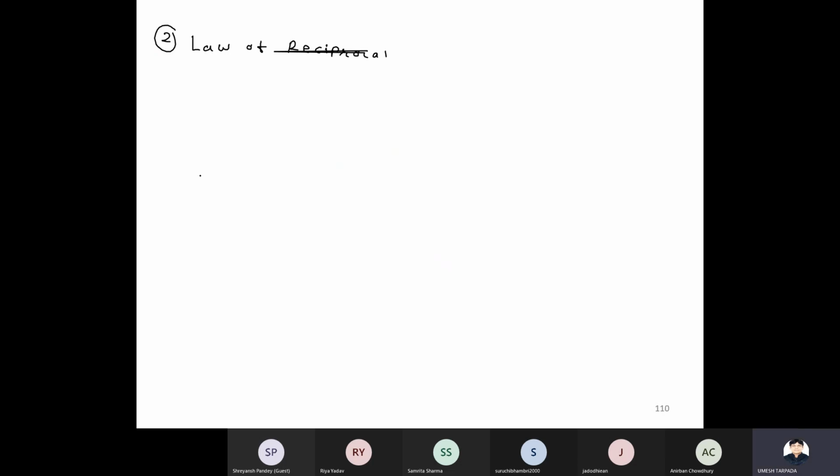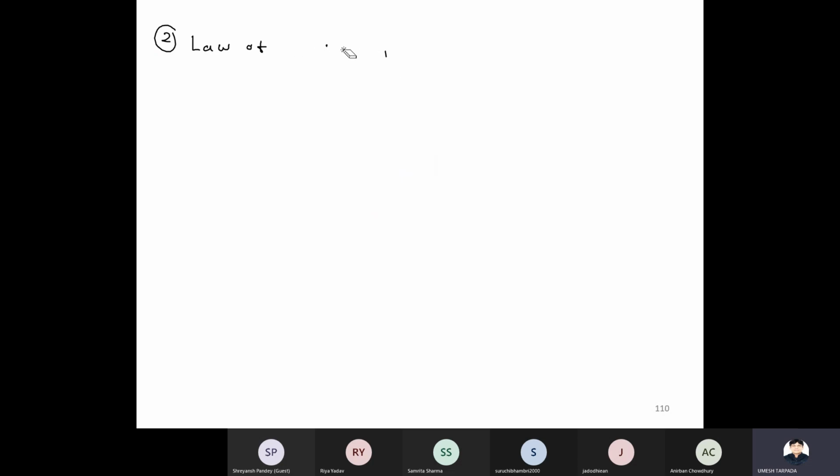What does it mean? Law of reciprocal means reciprocal means opposite. So you can do any process and do its opposite, so the result remains the same. The result does not change.